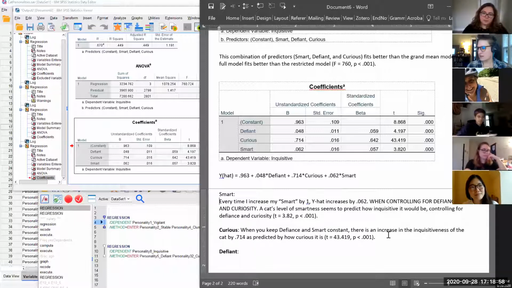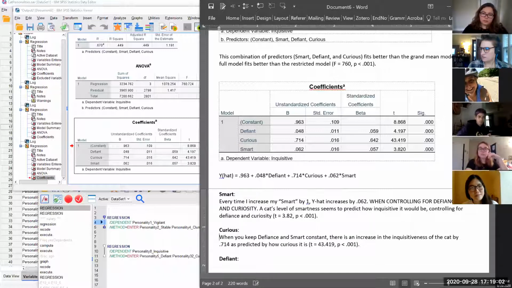You can say, when defiant increases by 1, the inquisitiveness increases by 0.048.